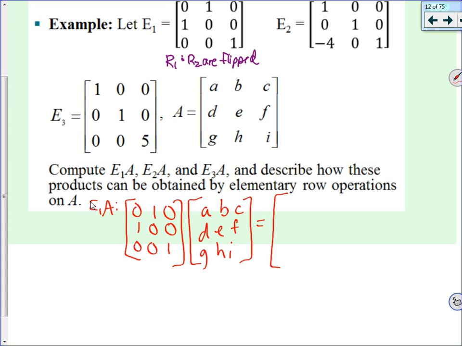So row times column. See? I know it's going to happen, but I just want to actually do it. Whoa, it's all connected.